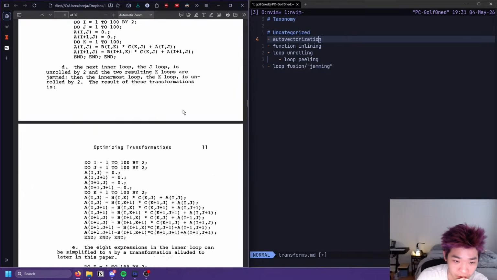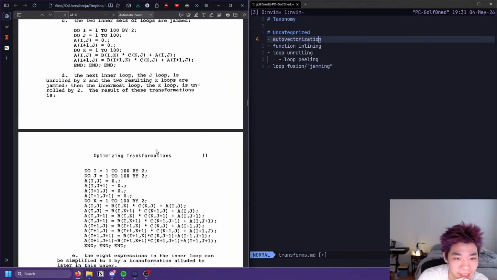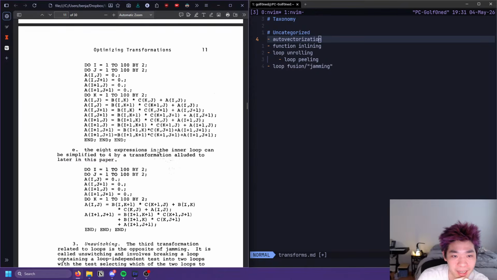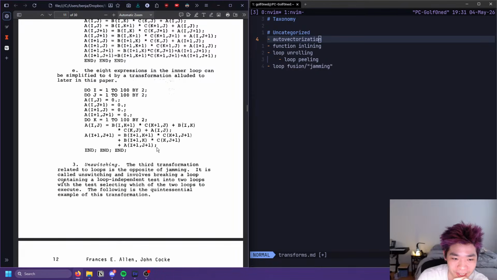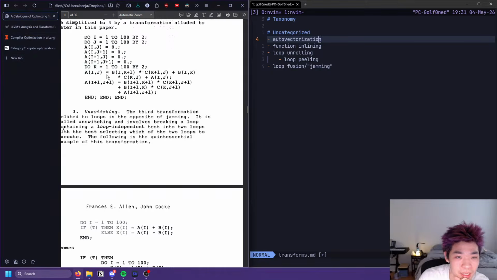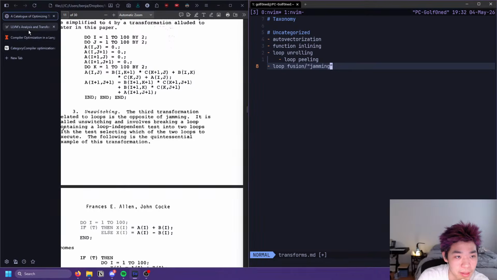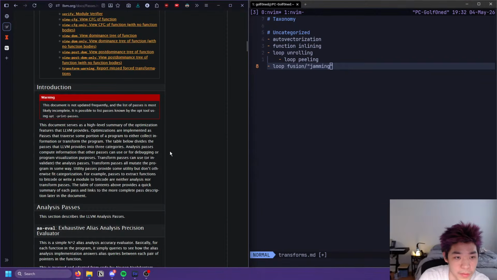Okay, and then we do more unrolling. Oh my. Oh boy. Yeah, I don't want to read this example for too much longer. Okay, unswitching. So this is the opposite of jamming. So we are splitting a loop, I believe. I think there's a more formal name.